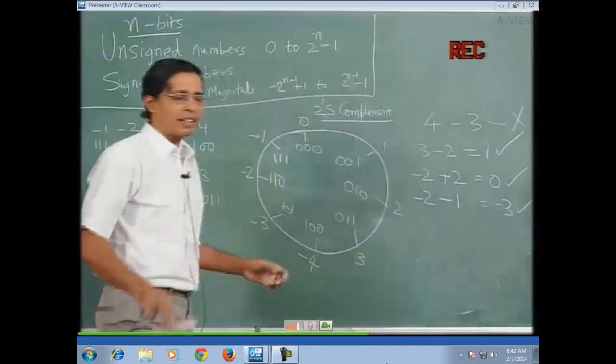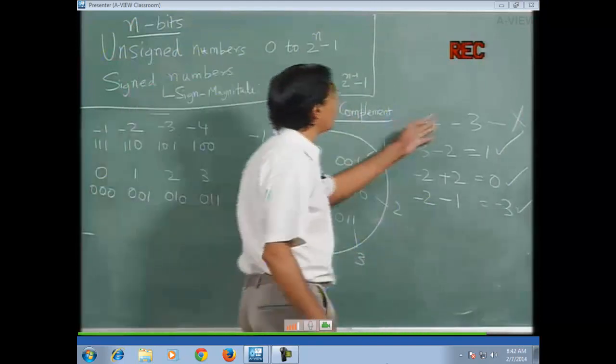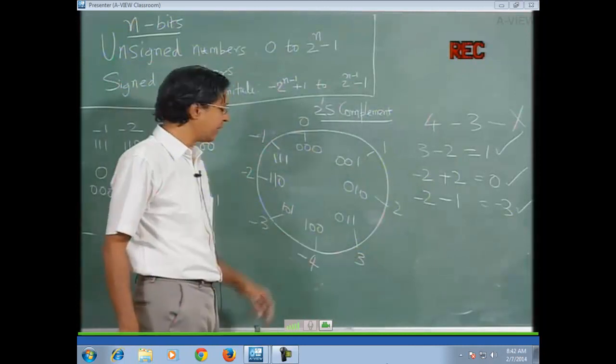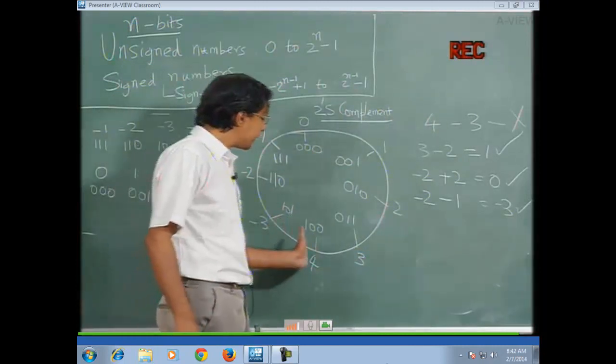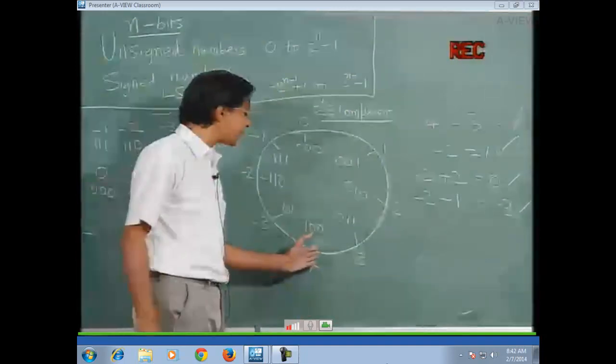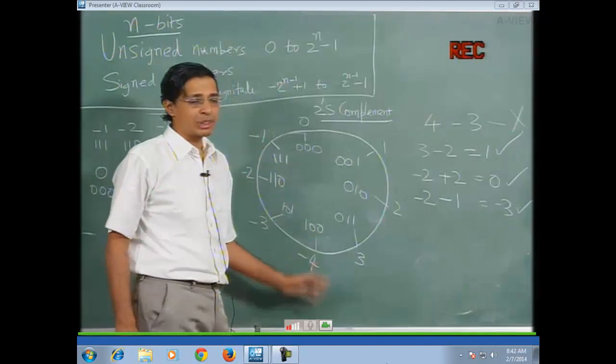Please do understand that I could not do 4 minus 3 because the maximum positive number I can represent is 3. I also can't do anything like minus 5 plus 1, because the minimum representation I could have is only minus 4.